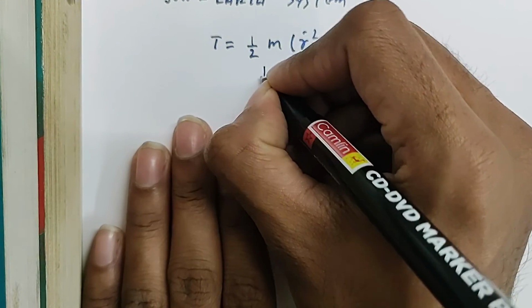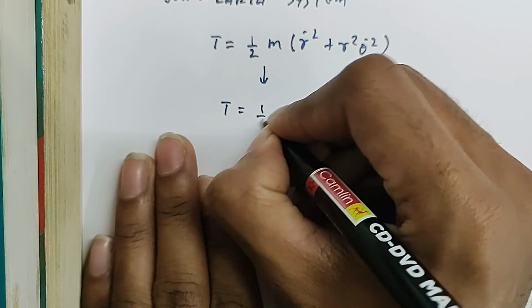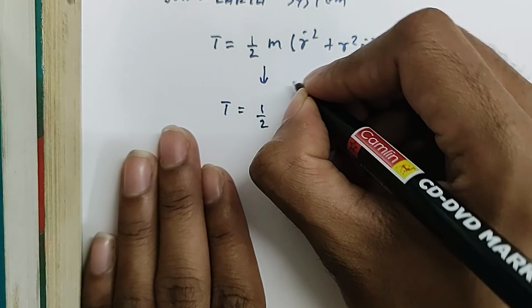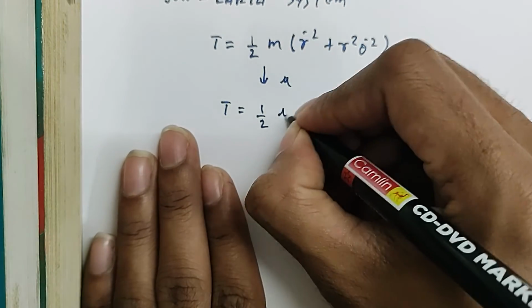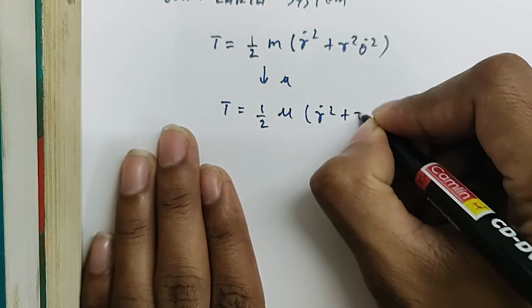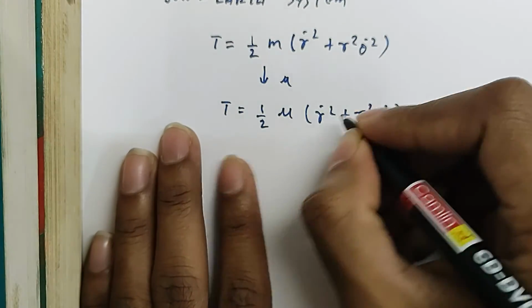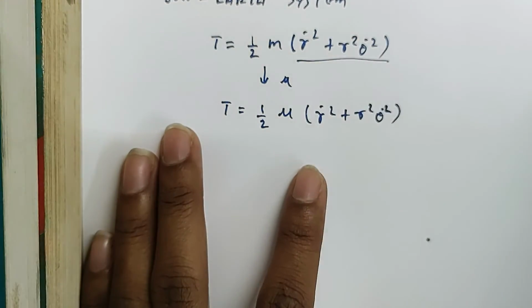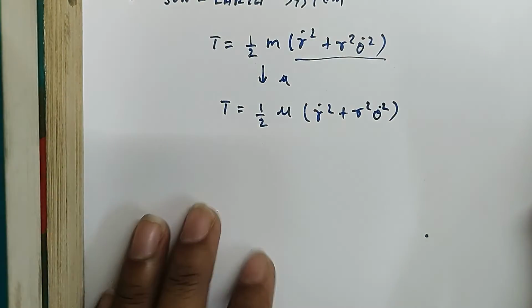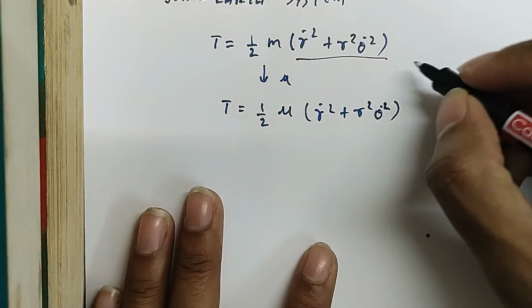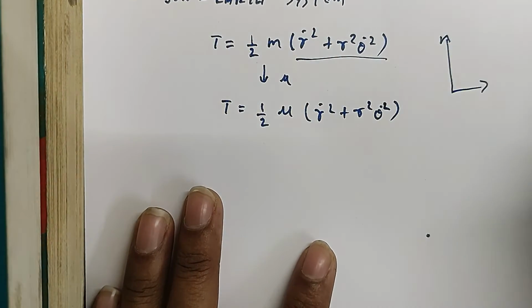Now, in this case, rather than using m, I'll use mu, which stands for the reduced mass. This is our velocity square term in the plane polar coordinates. And if you remember in central force motion, I said the motion happens only in a plane.